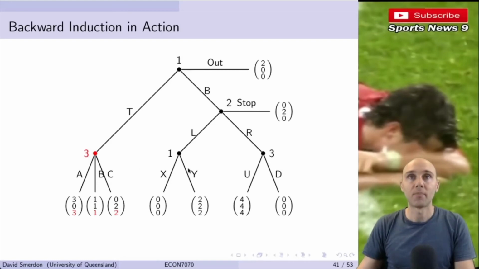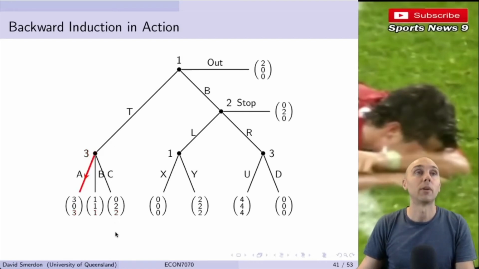So we'll start at this subgame here, and we're really interested in what player 3 would do, because player 3 has to choose at this node, which means we're very interested in player 3's payoffs. So the bottom row here, 3, 1, or 2. 3 is the best.